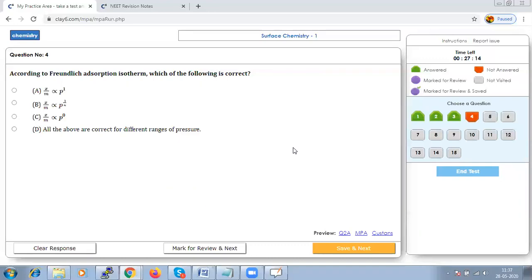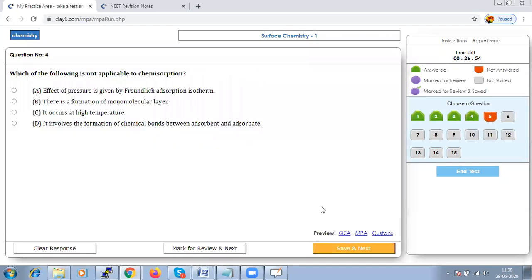Hence, option D should be right because all the above are correct for different ranges of pressure. The only change in all the options is the pressure value. Let us save that and go to next.